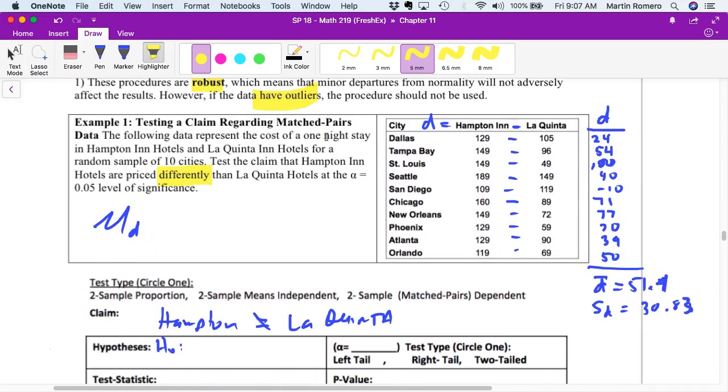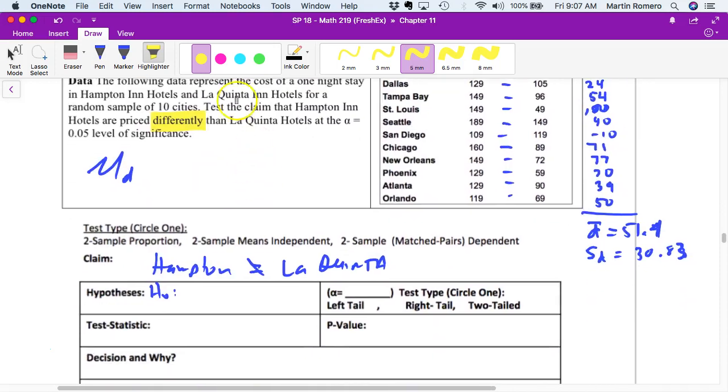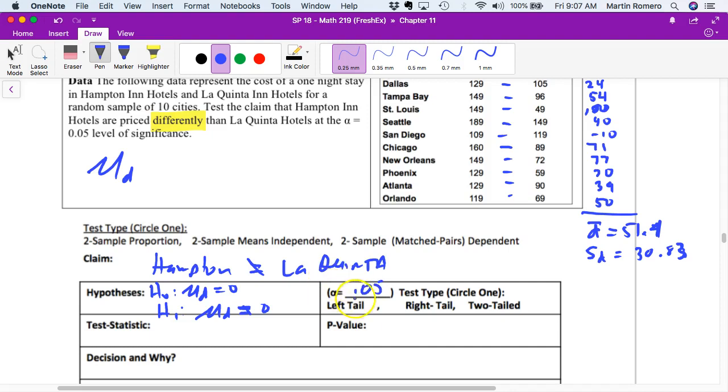And so in this case, the null hypothesis says that the mean difference is equal to 0, and then the alternative in this case is the mean difference, mu, is not equal to 0, that there is a difference. We're going to test this at the alpha 0.05 level. This turns out to be a two-tailed test.